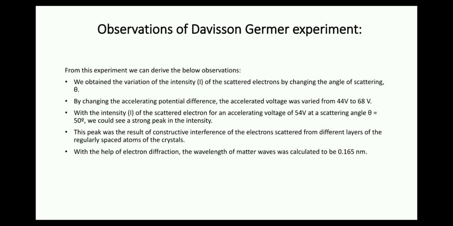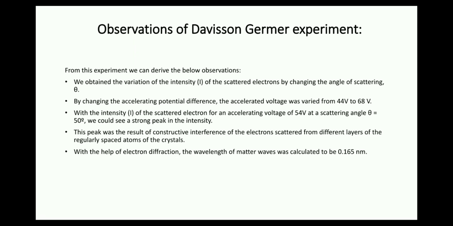Now from this experiment we can derive certain observations. We obtain the variation of intensity of the scattered electrons by changing the angle of scattering, that is theta, and by changing the accelerating potential difference. The accelerating voltage was varied from 44 volts to 68 volts.